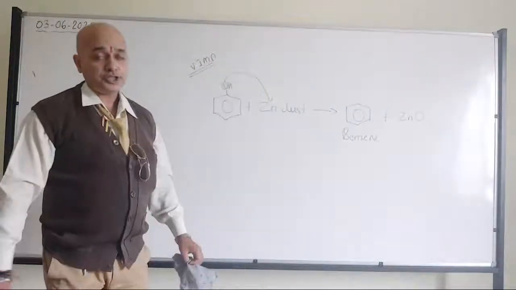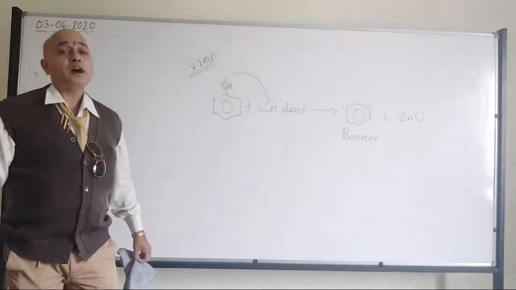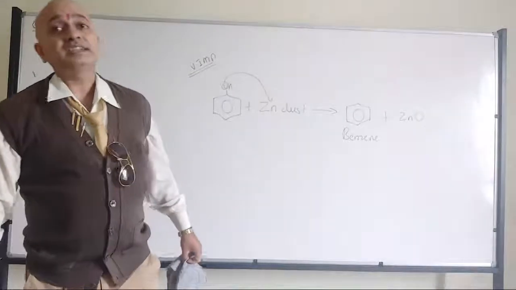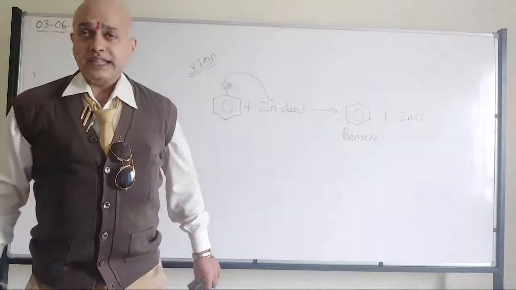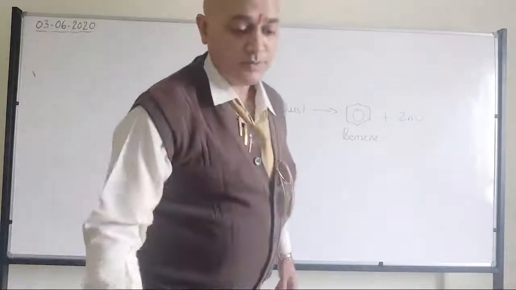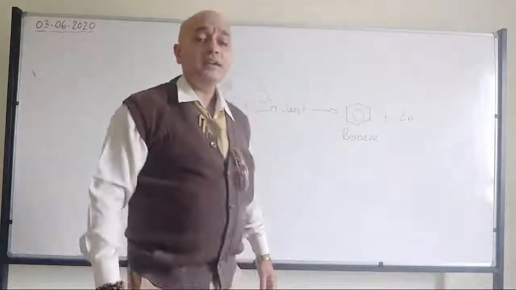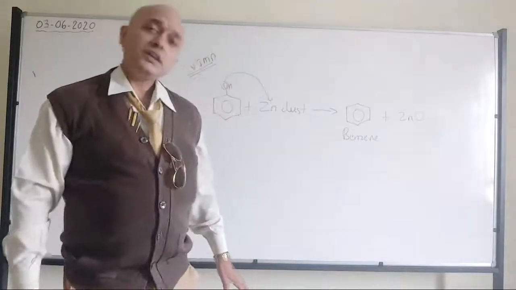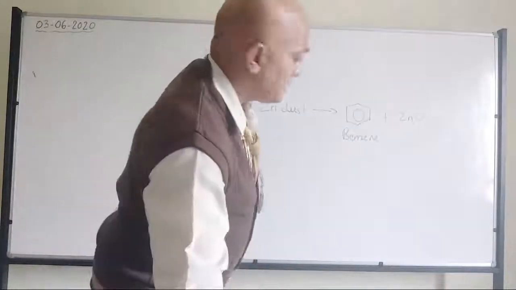That can be the question: name the product formed when phenol is treated with zinc dust. That is benzene, a one word answer. Okay? So all of you have understood?